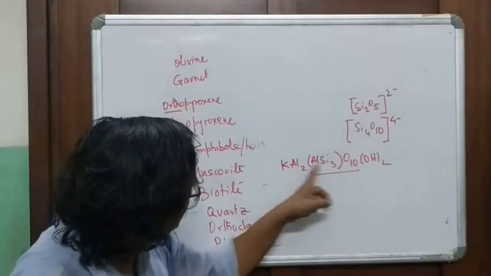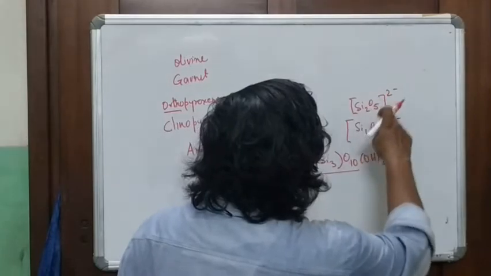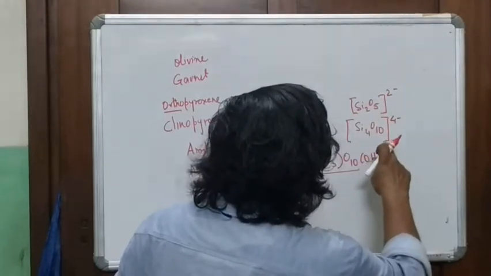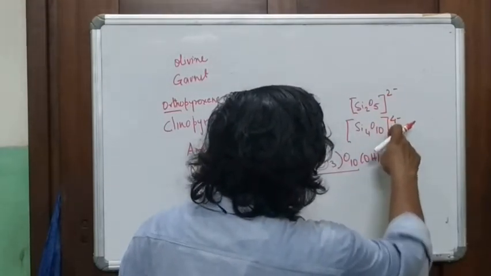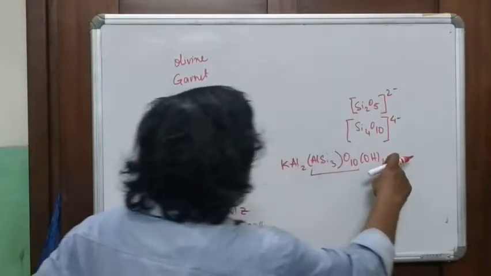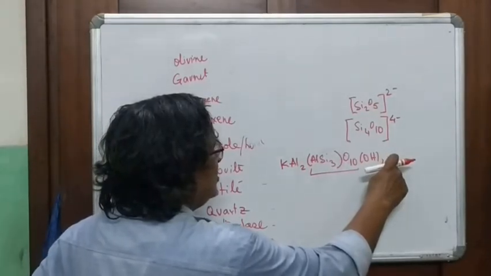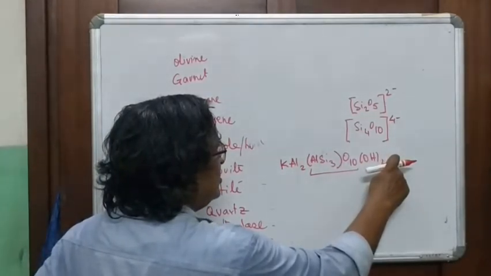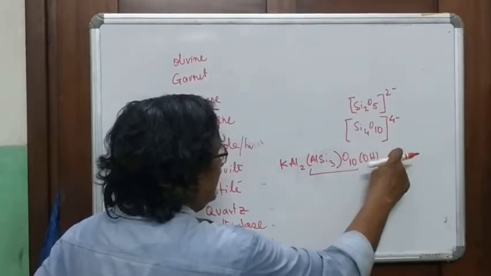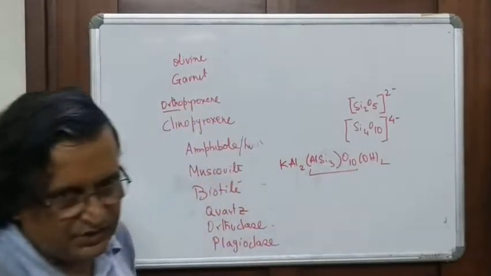So you can see Si2O5, 10, 4 minus, 4 minus, plus OH 2 is 2 minus, 6 minus. So it's KAl2, this is the formula of muscovite.